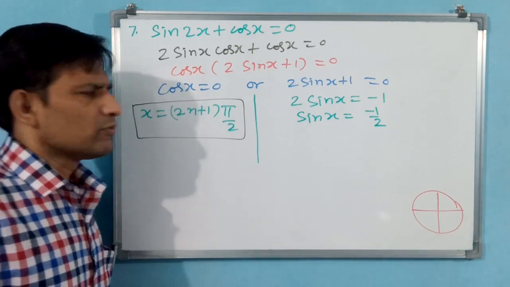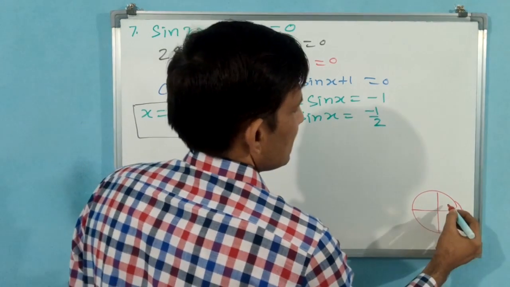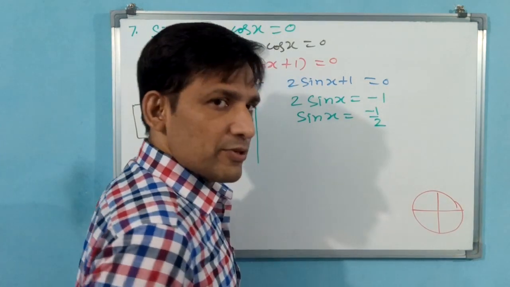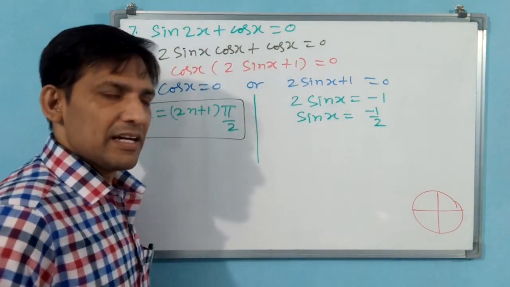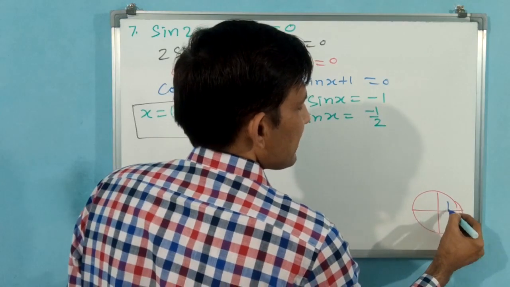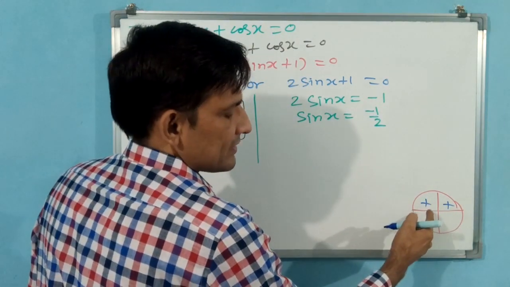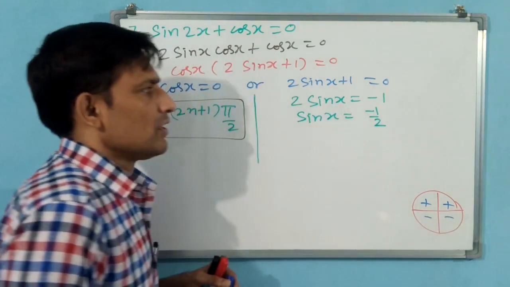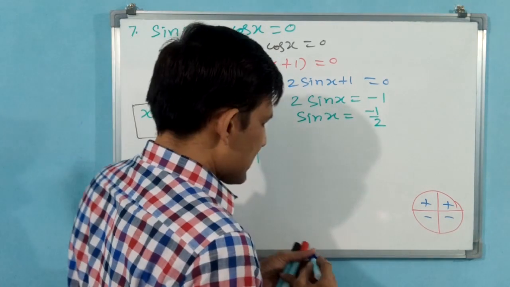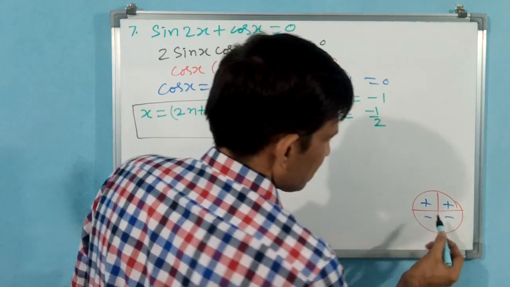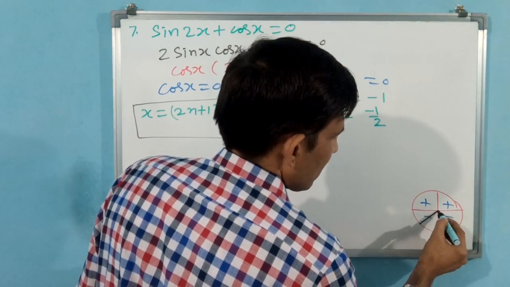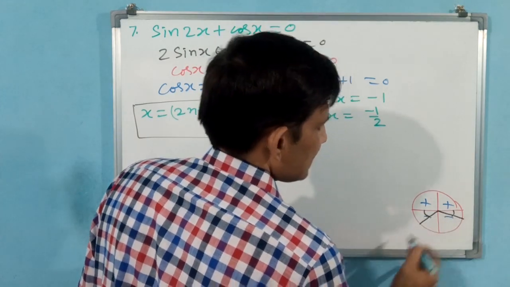Or else, okay, we write the circle diagram only. Why? Because if you take the first one, the answer will be in the first one. But you can take the second one also, but the answer will not be there, then you may get confused. For sine, this is all sine. These two are negative. Now negative value is there, so the angles will be here, these two are angles.